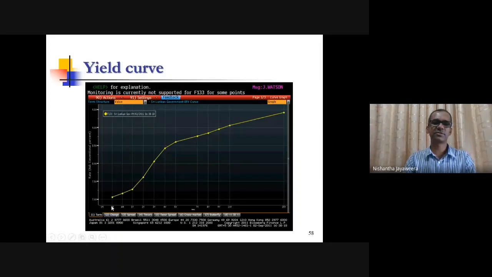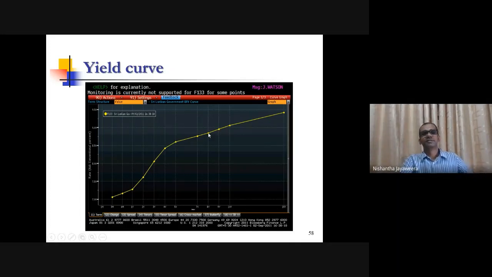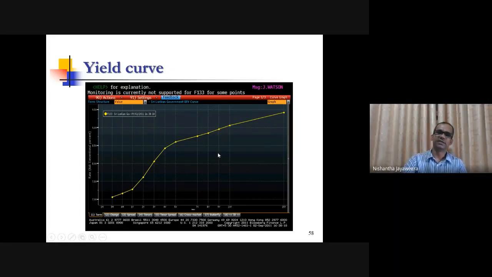For a 3-month maturity, the yield is just above 2%. For 6 months, it's around 2.2. Likewise, for the 15-year maturity, the yield required is almost 9.5. So this is the yield curve.